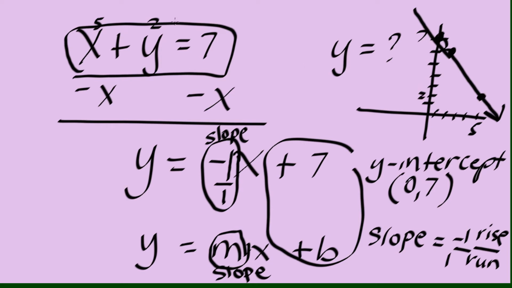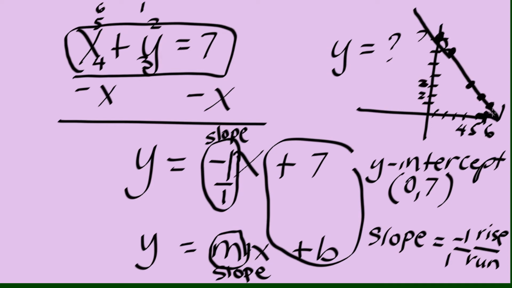What other numbers when you add give you 7? 6 and 1. 6 plus 1 is also equal to 7. So the point with coordinate (6, 1) is also on the line. Or you can have 4 plus 3, which is equal to 7. So (4, 3) is a point on the line too.